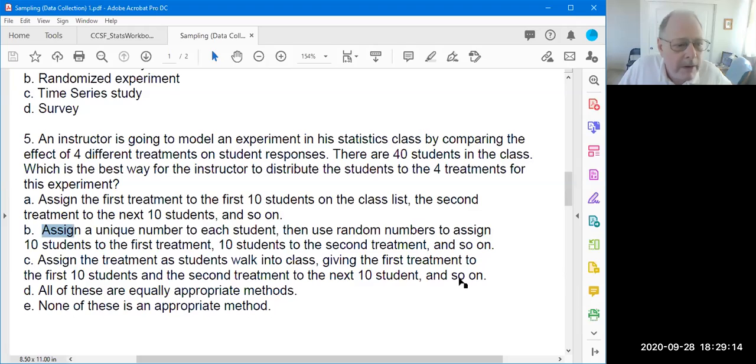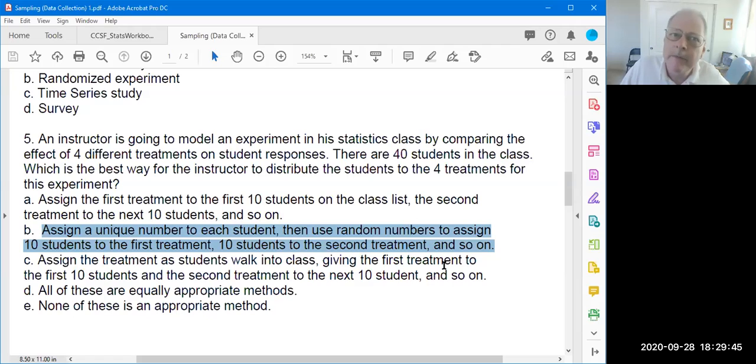But if you do it with a random assignment, at least you're not building in any potential bias. Okay. Now it might happen just randomly because with such a small group, 10 students, the randomization is not guaranteed to even everything out.